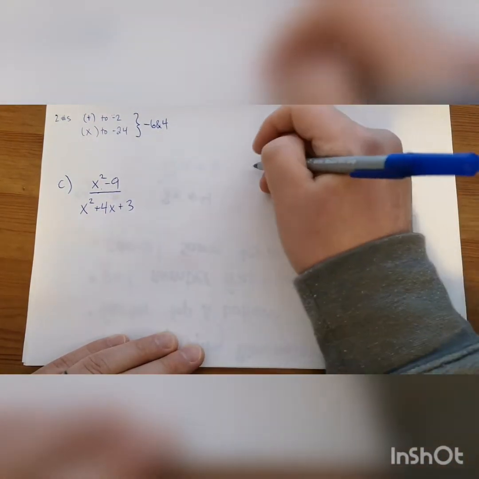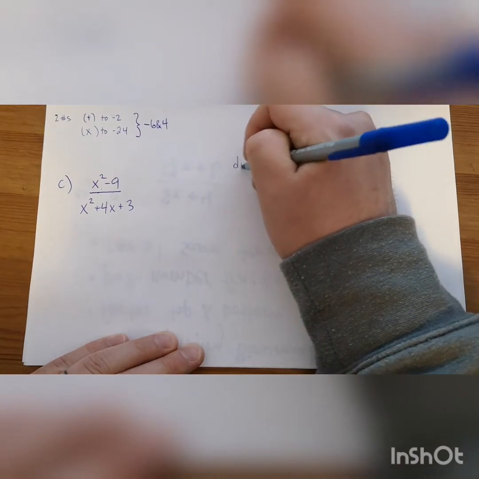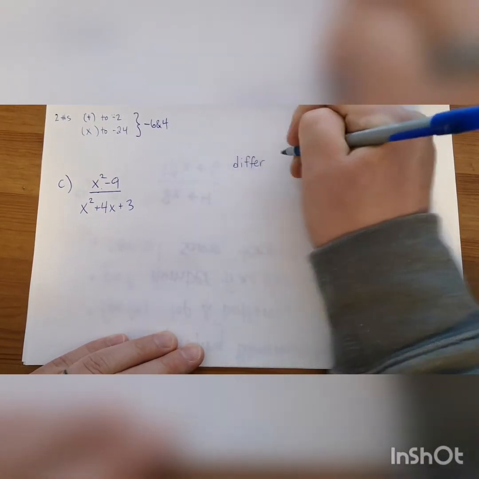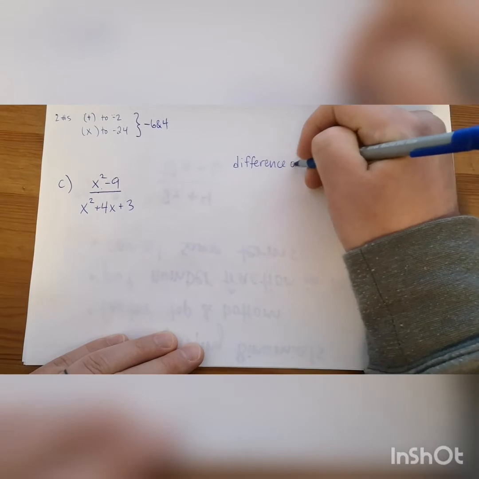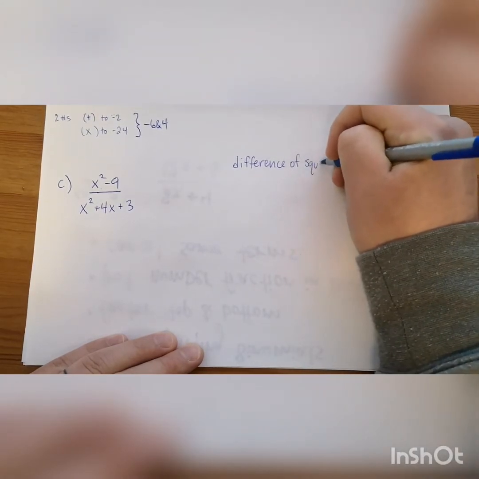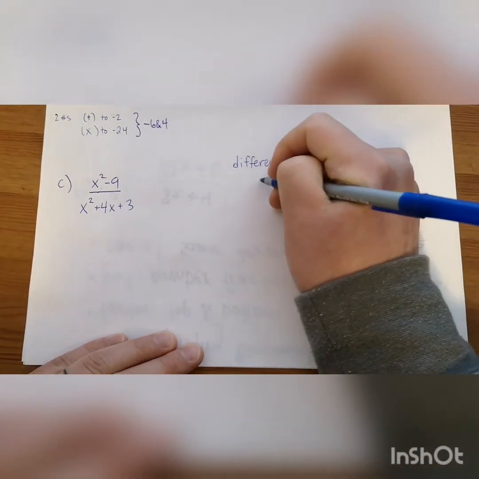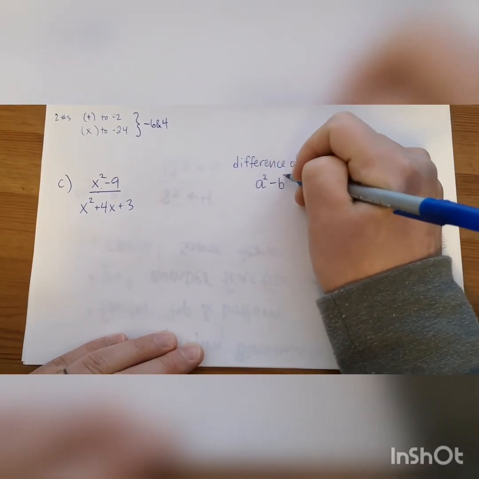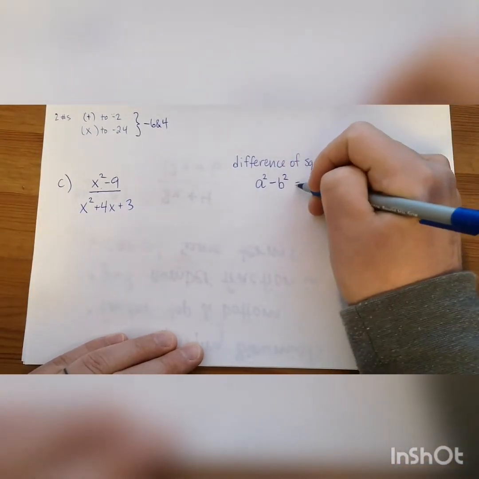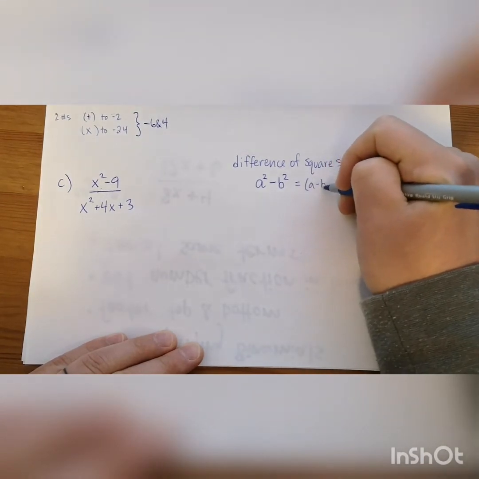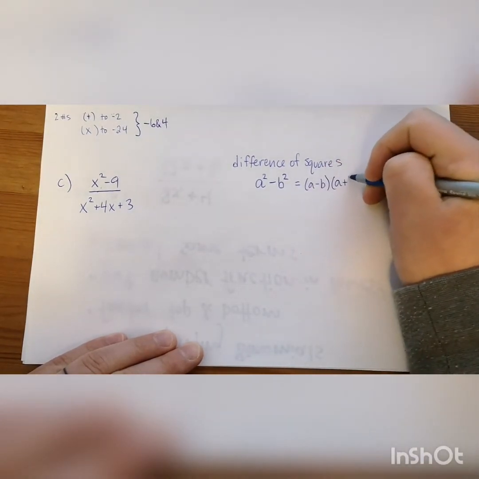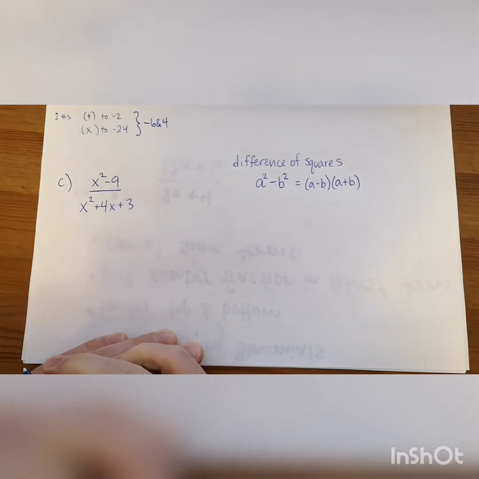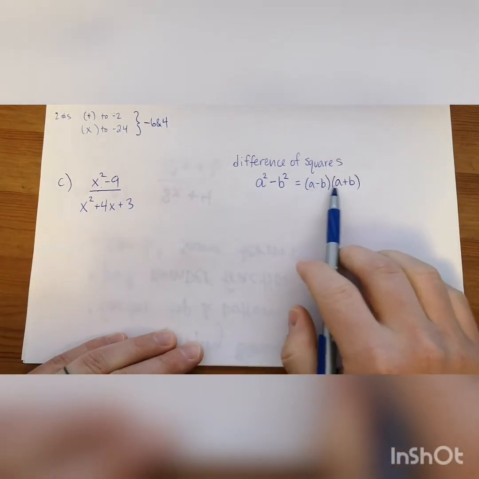A difference of squares, I'm just going to write out what to do here. If you have two squares, I'm going to call them a squared and b squared, factoring them is really nice. It's a minus b times a plus b. So you just change the sign between them.